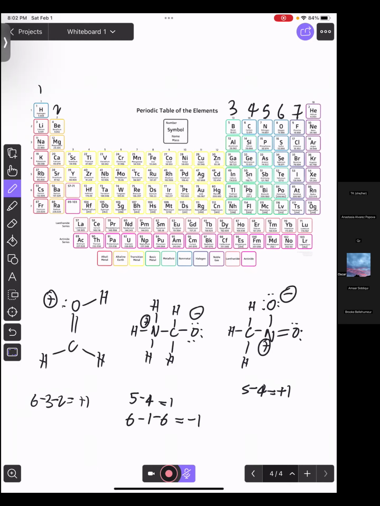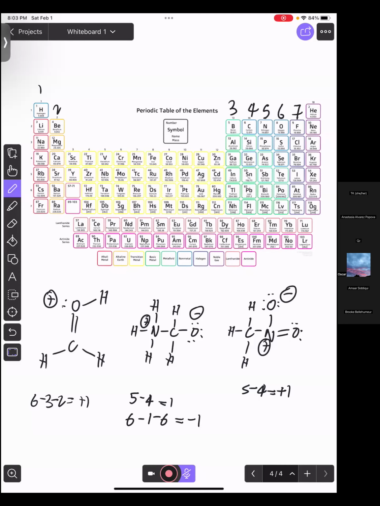So the whole idea is eventually you'll get very good at being able to tell what an atom looks like when it's negative, when it's positive, when it's neutral, and those are the bonding patterns. And what I'm going to do is put in the Google Drive a nice little document that shows you what they all look like when they are positive, negative, and neutral.